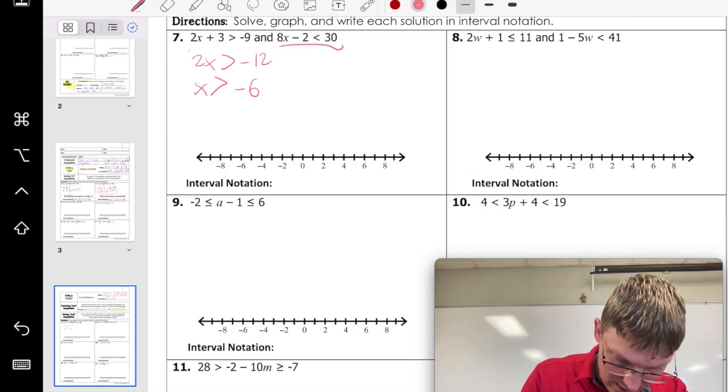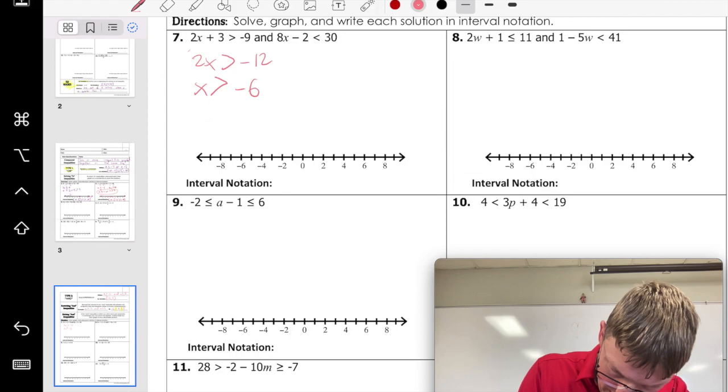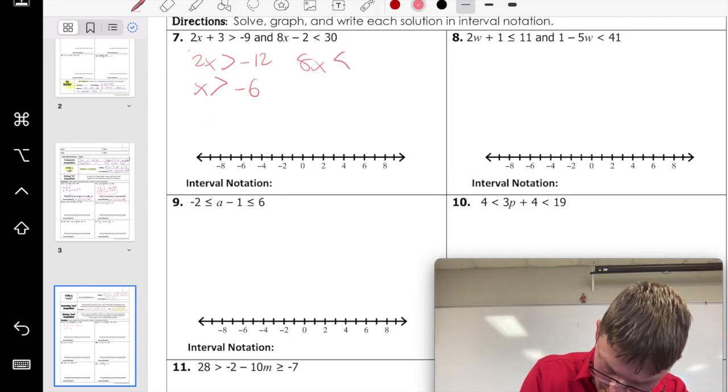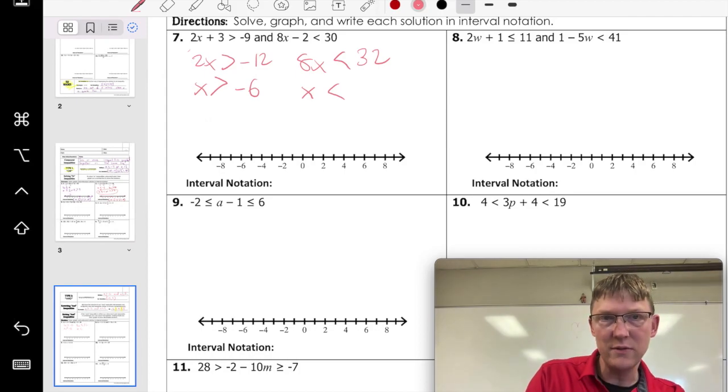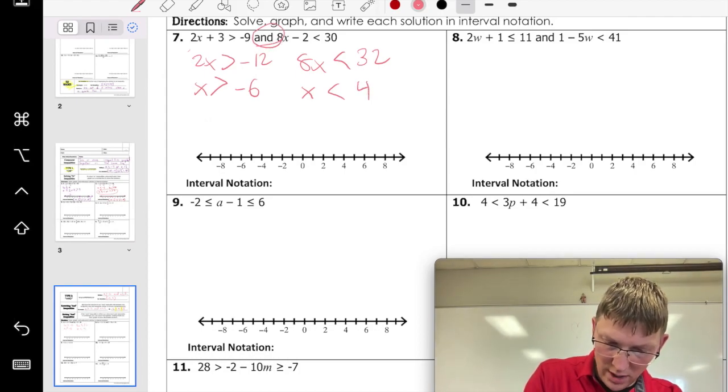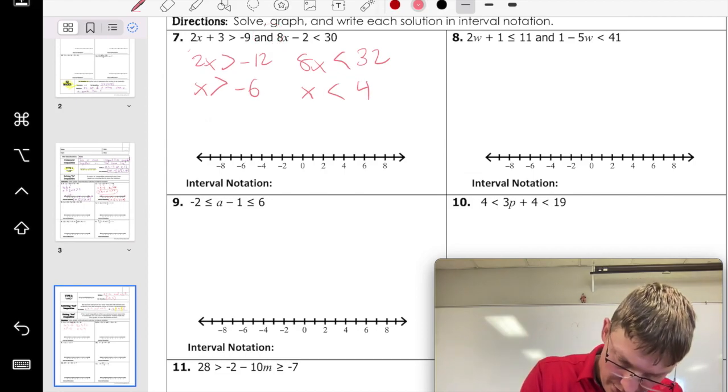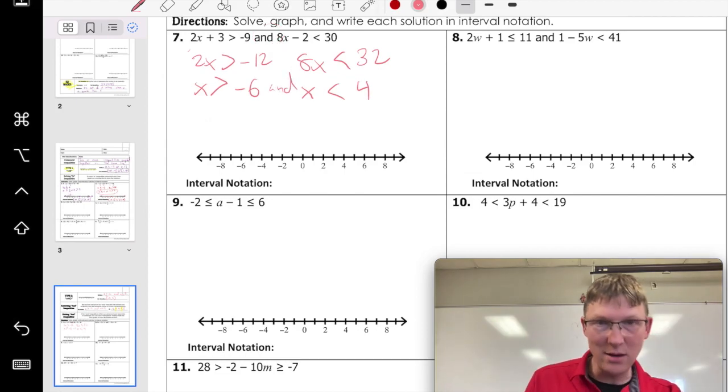So then this side, we're going to have 8x is less than 30 plus 2, 32. x is less than 32 divided by 8, which is 4. And then we bring our "and" down, so we can write "and."